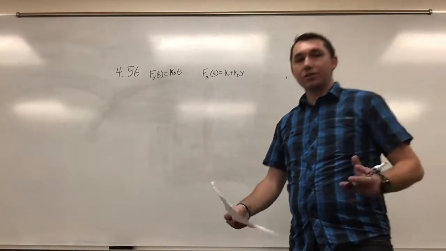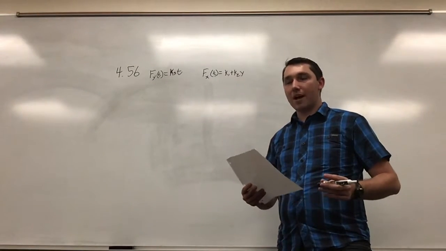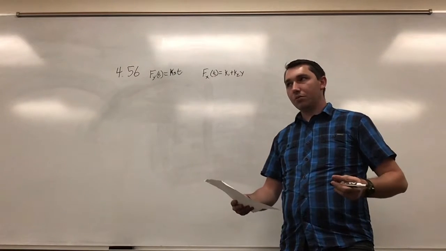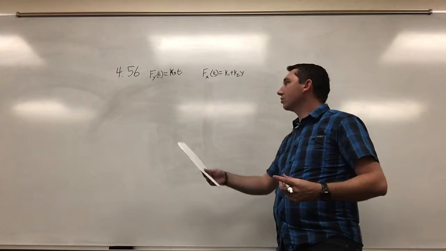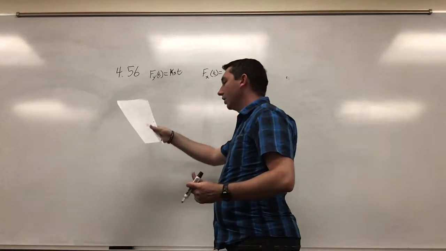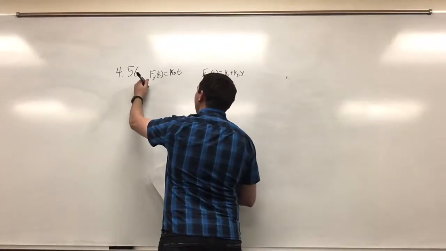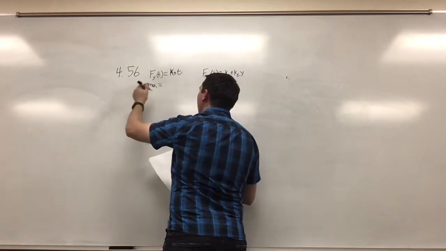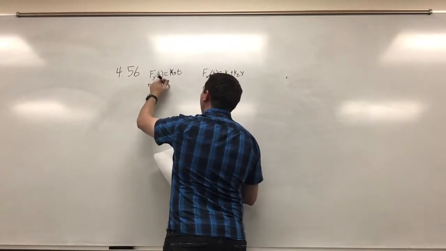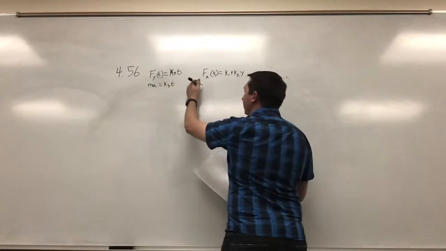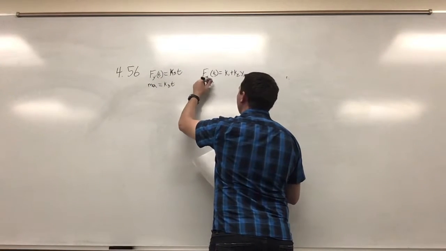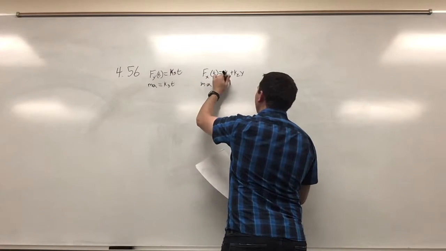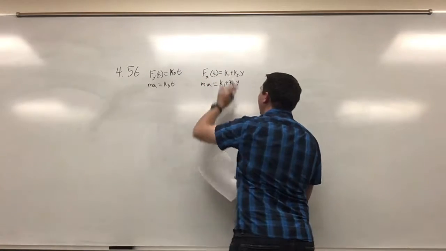And to do that, I'm not going to really do a whole lot of the math, but we know that the force for both of these is going to be equal to the mass times the acceleration. In the y direction, that's k3 times time, and in the x direction, mass times the acceleration is going to be equal to k1 plus k2 times y.